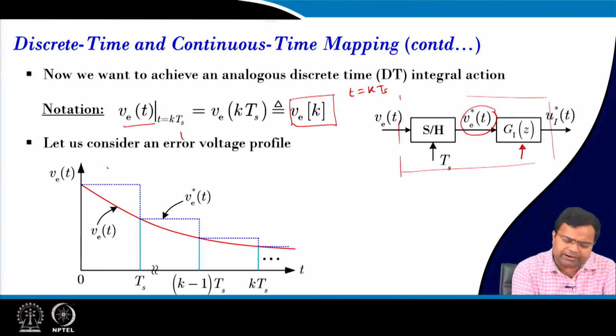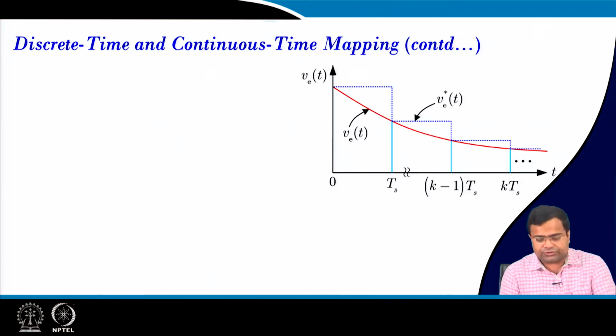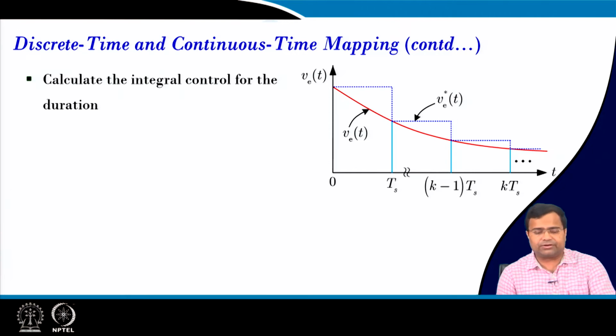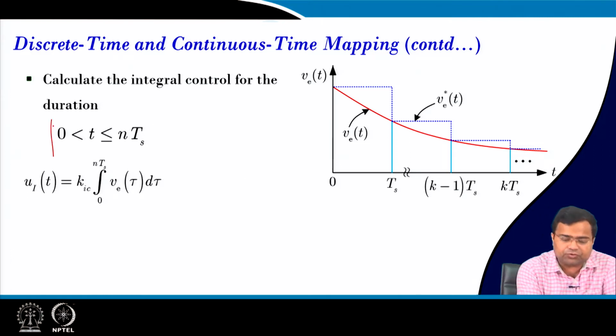So, this is an arbitrary profile that we have considered, which is shown here, the error voltage, and we want to find the integration of the error voltage, that means we are trying to compute the integration of the error voltage during the duration 0 to nTs.